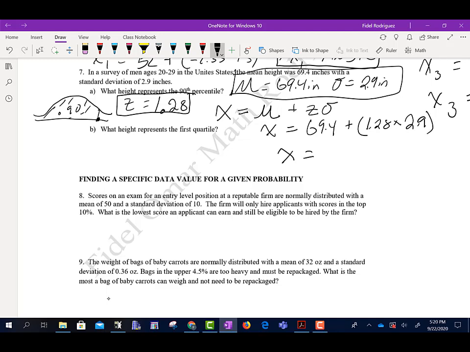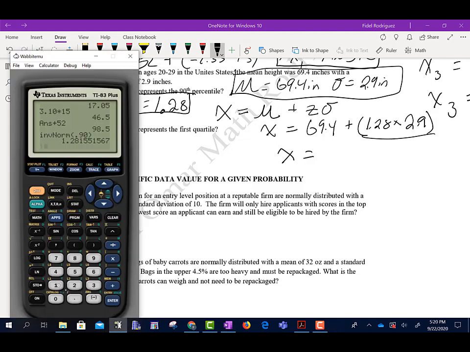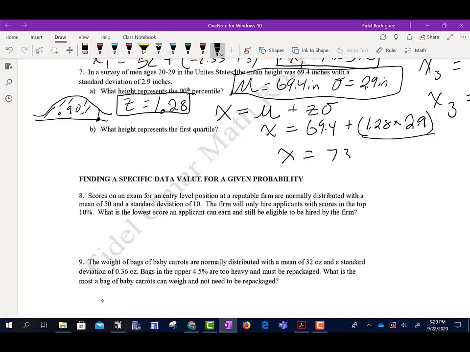So again, I'm going to do this on my calculator. I got to do what's on the inside of those parentheses first. So let's take 1.28 times 2.9 equals, and then I'm going to add 69.4. And I'm coming up with 73.112. This is the height, and the height was given to us in inches.